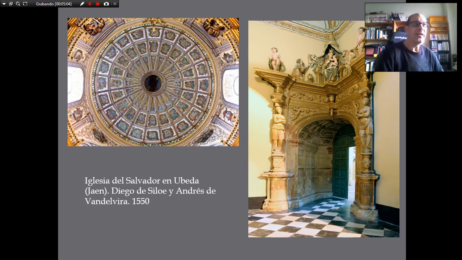Hermes is a sculpture of a man, or Atlantes is another name, and Caryatids if it is a sculpture of a woman. Instead of columns, what we have is sculptures, but the function is the same: decorating and sustaining the upper part. This is the dome that we have in this circular structure in the head of the church.